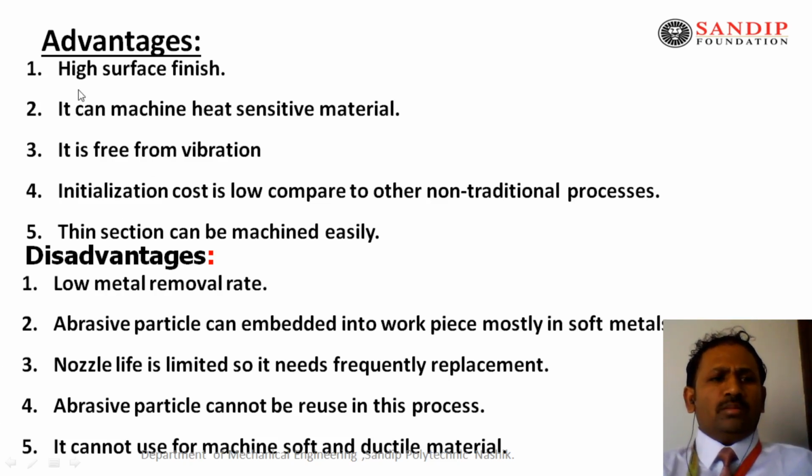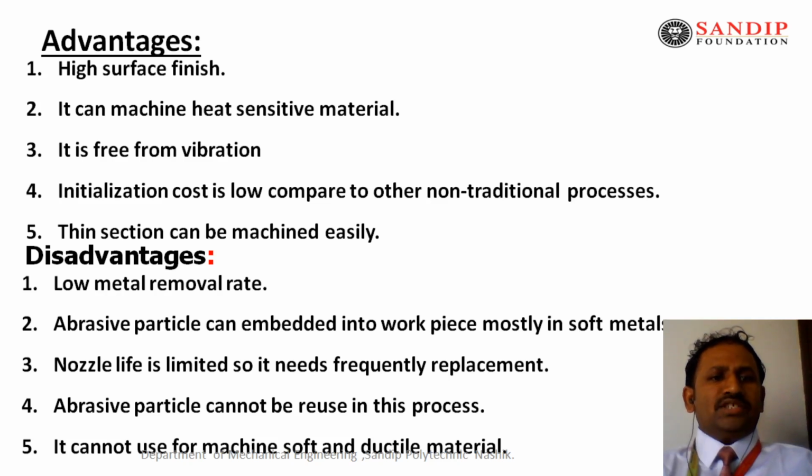Then again, the operation is burr free. It does not form any burr or sharp edge on the workpiece after operation, because you observe in a lathe machine that the material gets some scrap or burrs are formed.